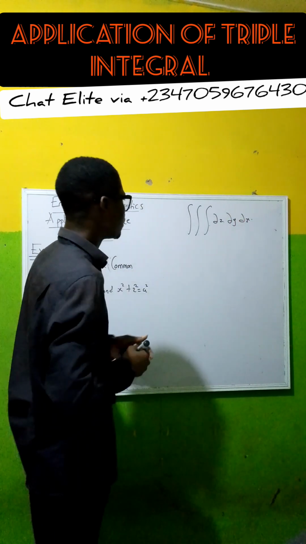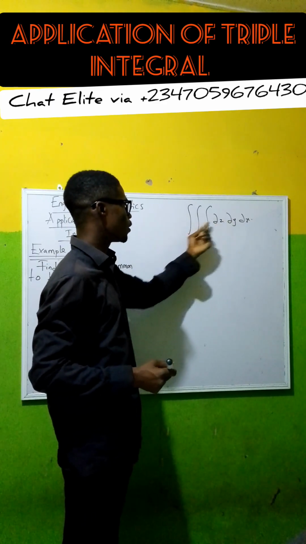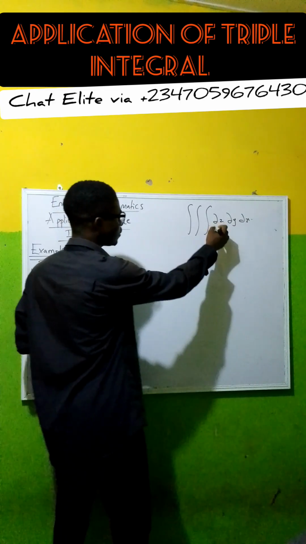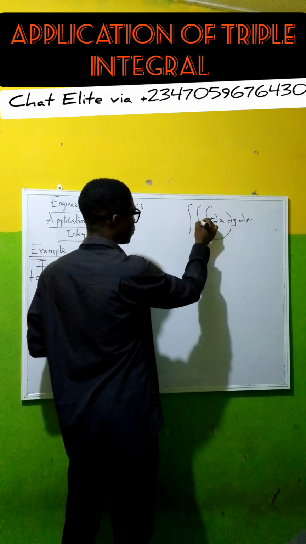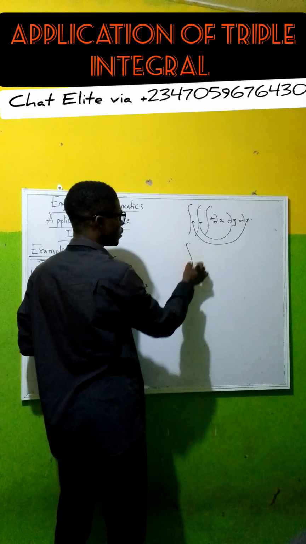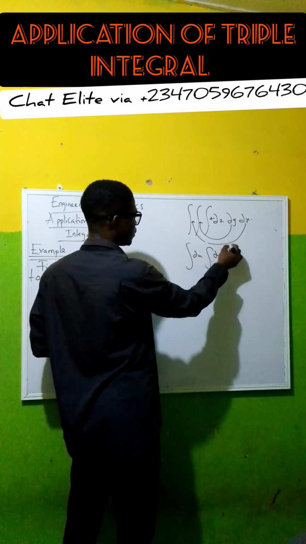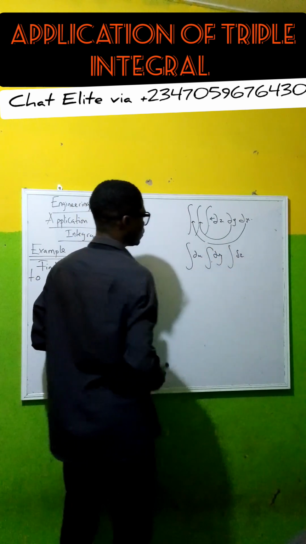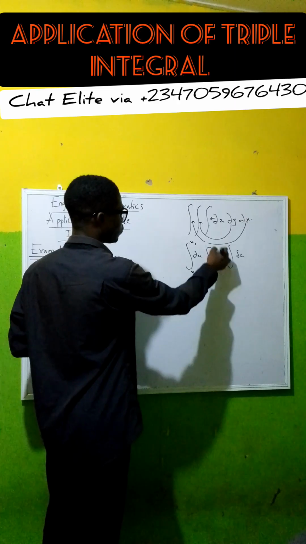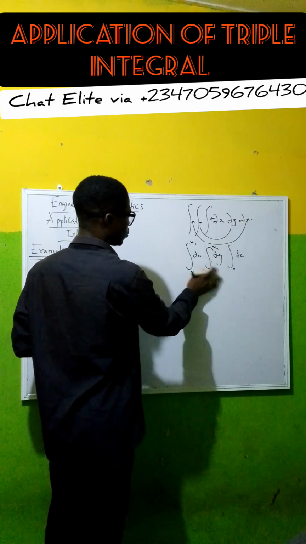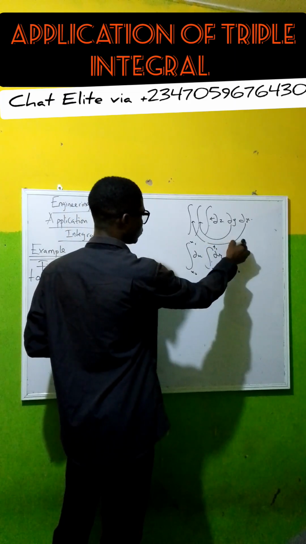By the time you rearrange this, this one remains at this spot, this one comes here, and this one comes here, which becomes integral of dx, integral of dy, integral of dz. Whatever limits you have in here, this can be x0 to x1, y0 to y1, and z0 to z1.